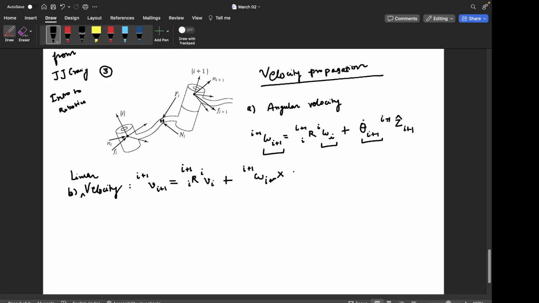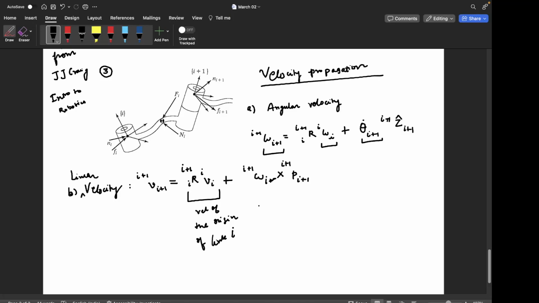So the first term is the velocity of the origin of link I, right?